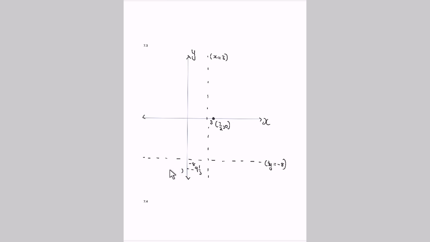So we're going to write it as a coordinate here, saying it's 0, -9 1/3. Okay, so then we plot it for our marker.